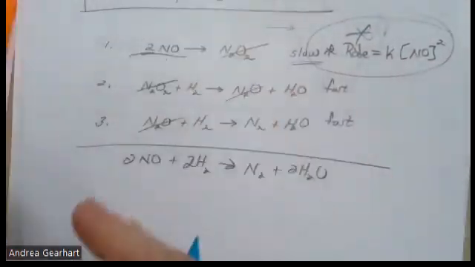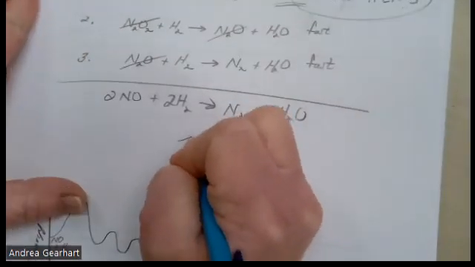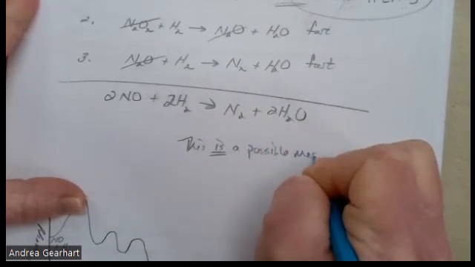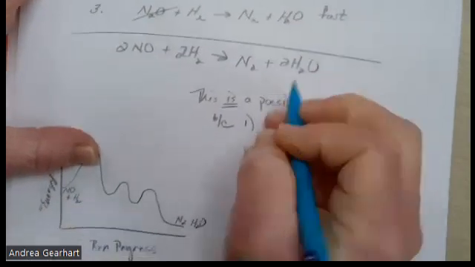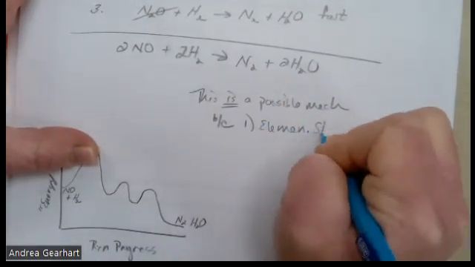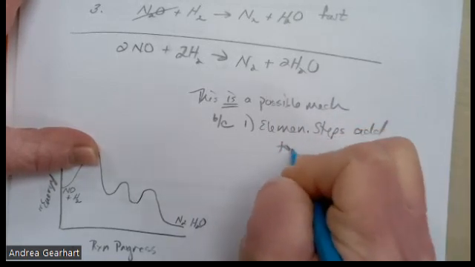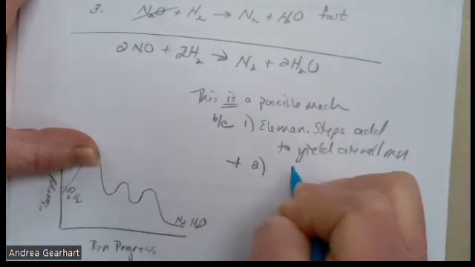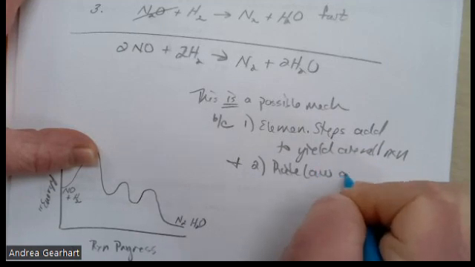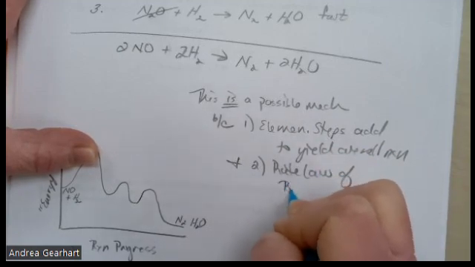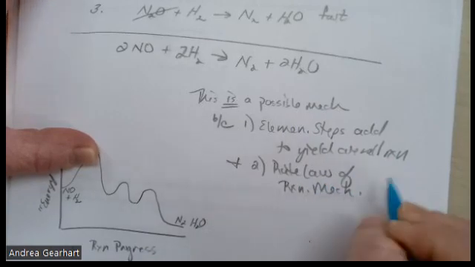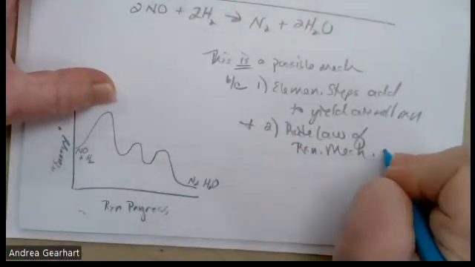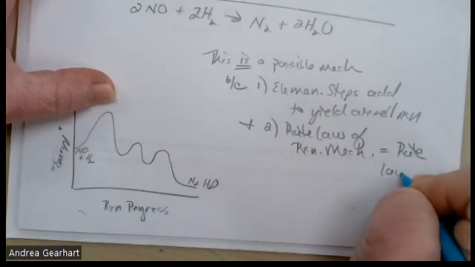So the answer I would give is this is a possible mechanism because one, the elementary steps add to yield the overall reaction, and two, the rate law of the reaction mechanism, again from the rate determining step or the slow step, which you will be told, equals the rate law of the overall reaction.